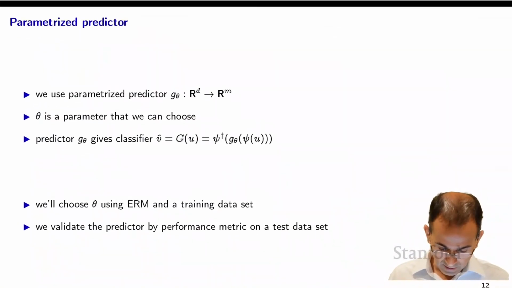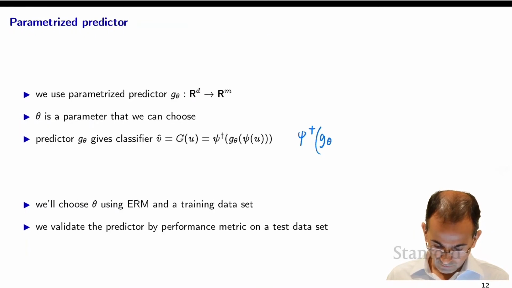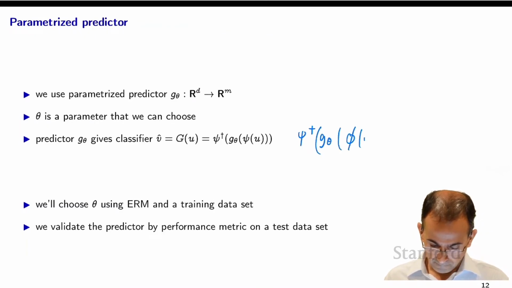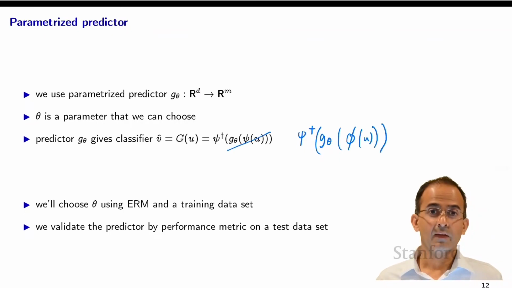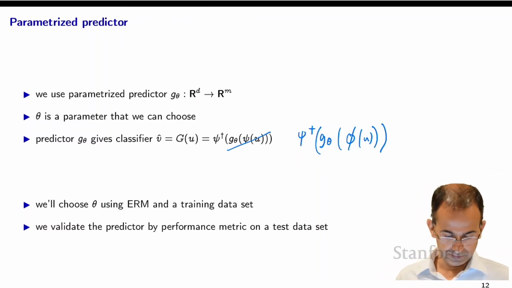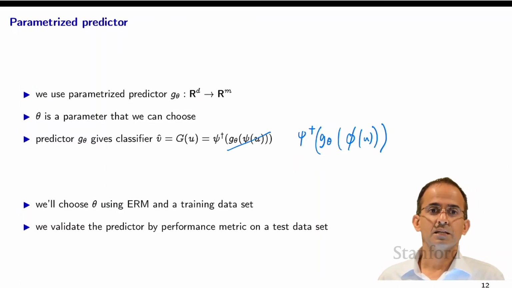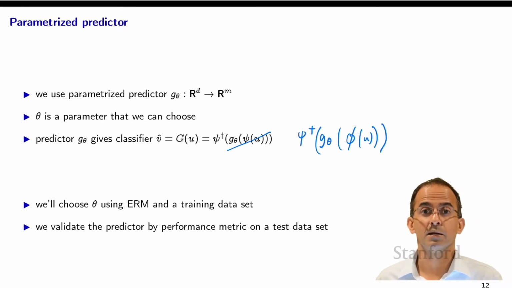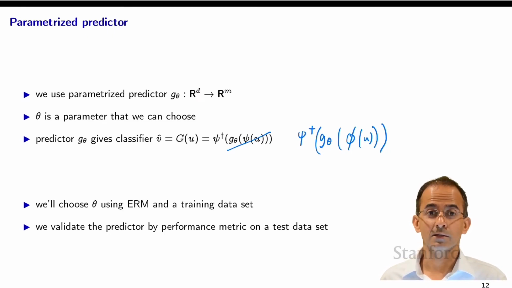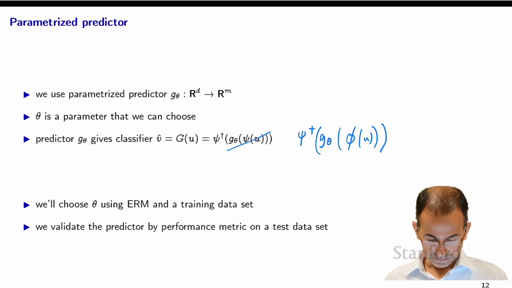So this should say psi dagger of g theta of phi of u, not psi of u, and that's the classifier that gives us v hat. We choose theta using ERM on a training data set, and we validate the predictor by looking at the performance metric, which might be the error rate, on a test data set. Of course, the performance metric might be the Neyman-Pearson error measure as well.